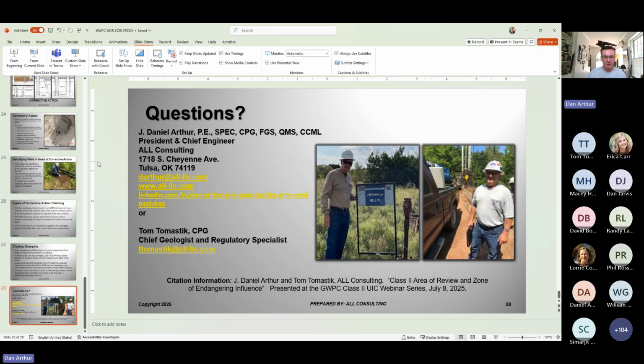But within that, when we're doing that, we're looking at what's in the area, what other injection is going on. Her question is a little tricky because it's like, say, two disposal wells in the area.